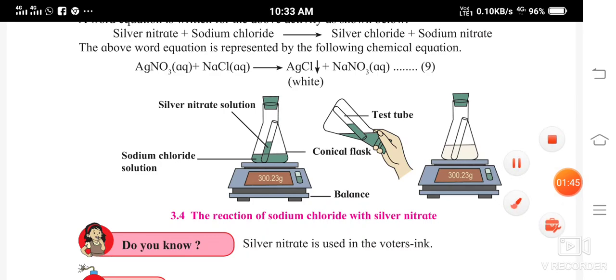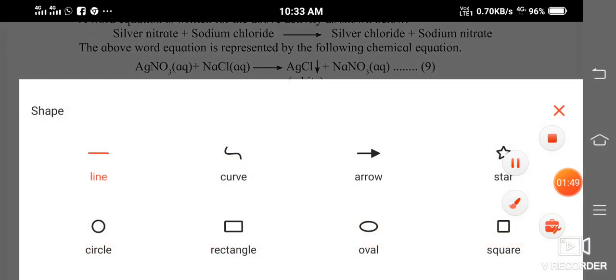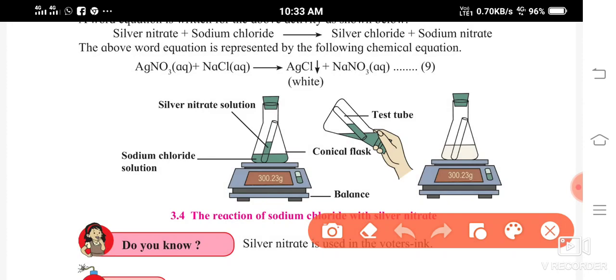Now see silver, Ag. On the left hand side, how many silver atoms are there? 1, right? On the right hand side, how many are there? 1, correct. Now see NO3, nitrate.